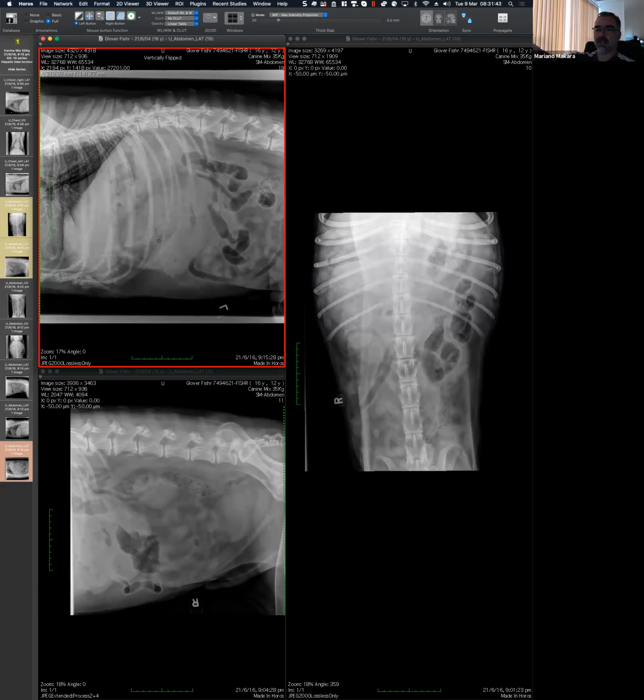You just put the plate next to the dog and you move the tube. Usually the problem is not to move the tube around. Usually the problem is to move the recorder, the cassette or the receptor. So in the old days, easy. If you have DR, then it's easy because again, you have the cassettes. So then you move things around.